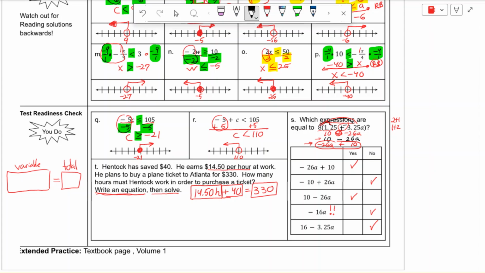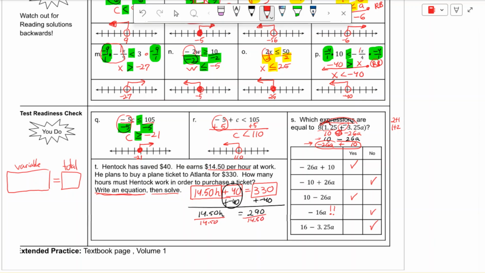So to start on this one, we're going to get rid of the constant first. Sounds familiar, I bet. So let's get rid of the constant by adding a negative 40 or subtracting 40. That gives us a nice 0 right here. And 14.50h comes down, and 330 plus negative 40 or minus 40 is 290. Then we are going to divide by $14.50 on both sides.